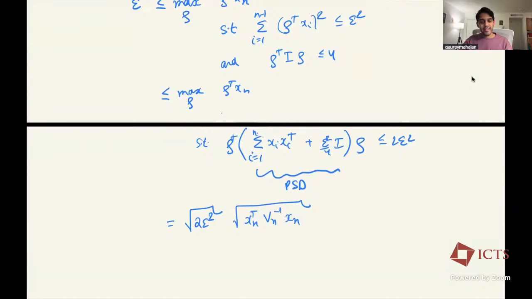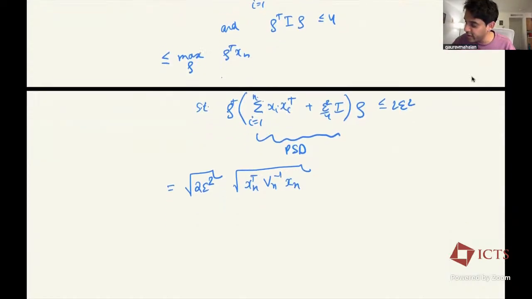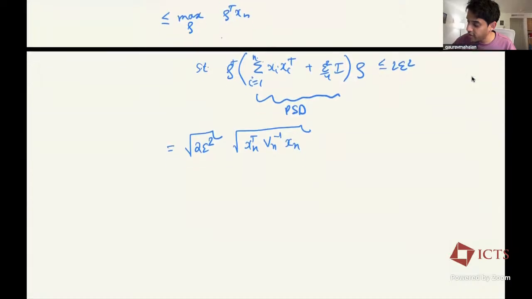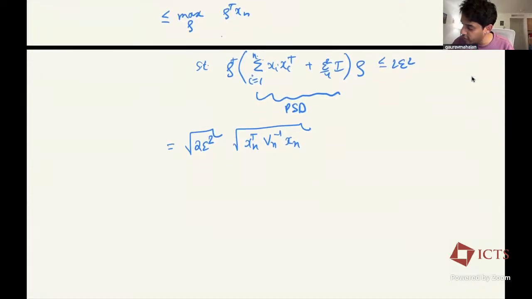Okay, so this step I'm doing really quickly, so I'm just going to show this. So, we had max rho transpose xn subject to rho transpose V rho less than 2 epsilon squared.